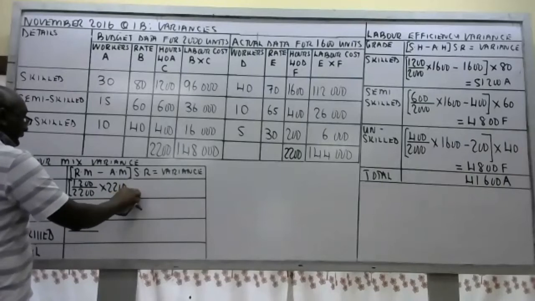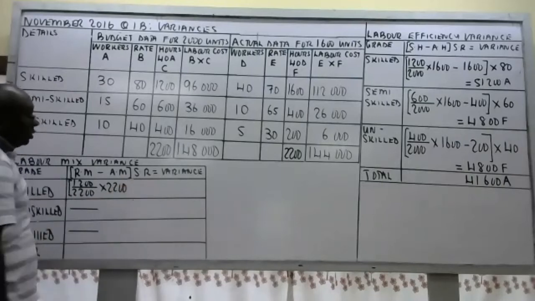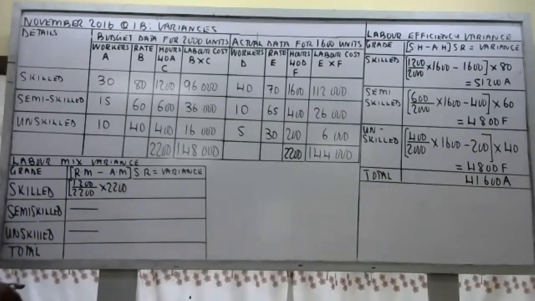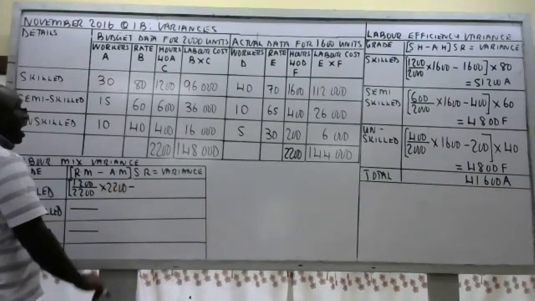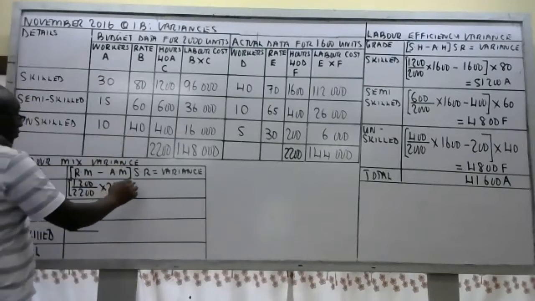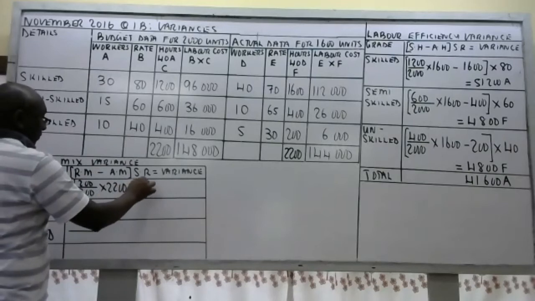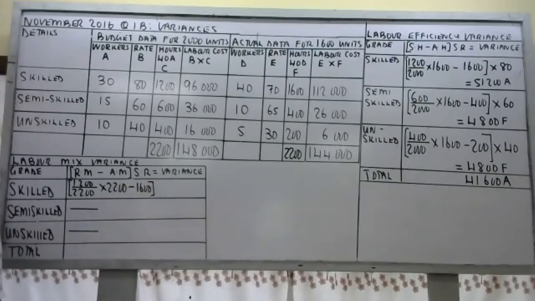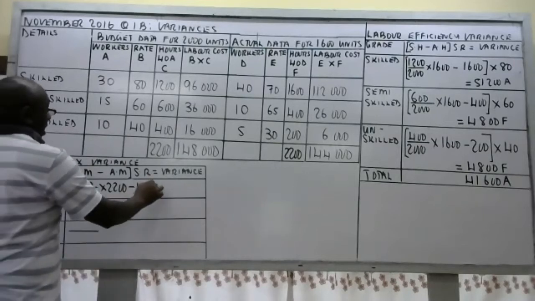When you multiply, that gives you the revised mix. You now minus the actual there, which is 1,600. Multiply by the standard rate, which is 80.